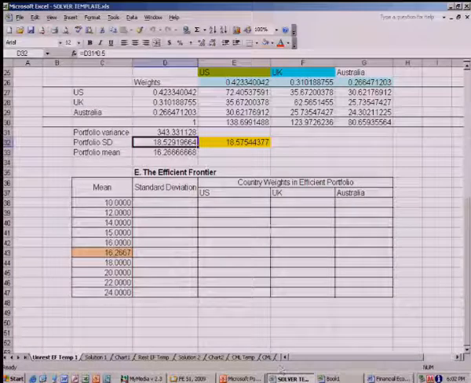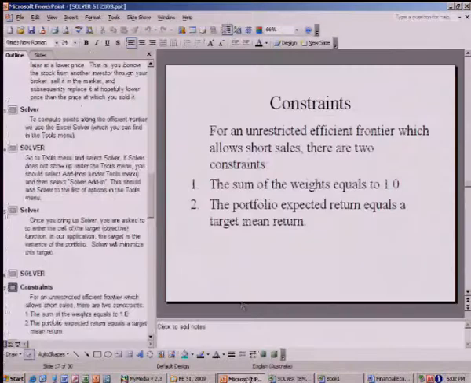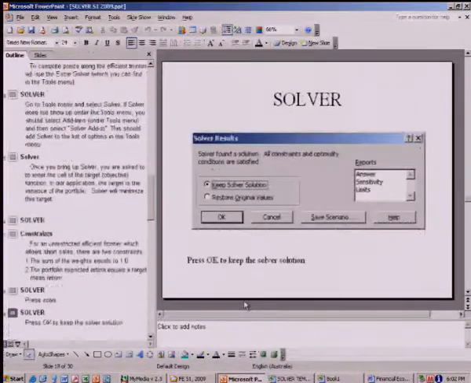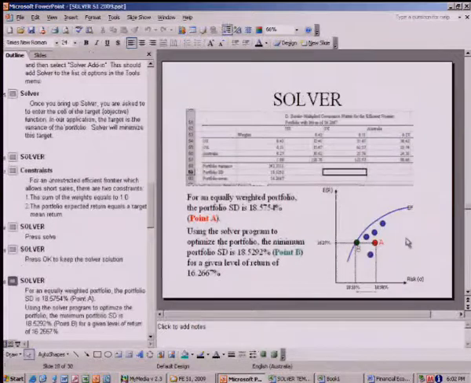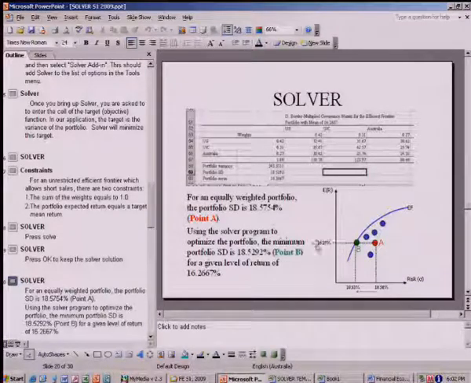So now what you would have to do is, before I enter that, I just want to show you on your handout. This is really what's taking place. On your handout you can see that for the same level of return, which is 16.27%, previously you had a high risk associated with that, which is captured by this point A on the graph here.